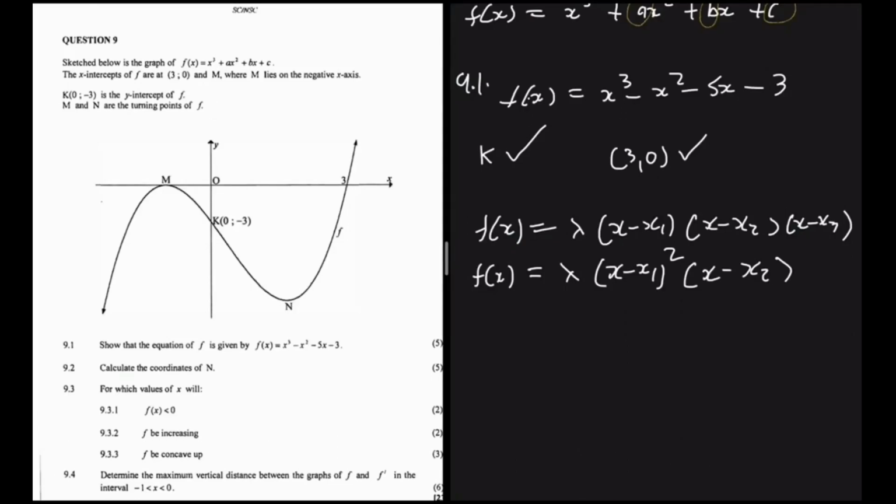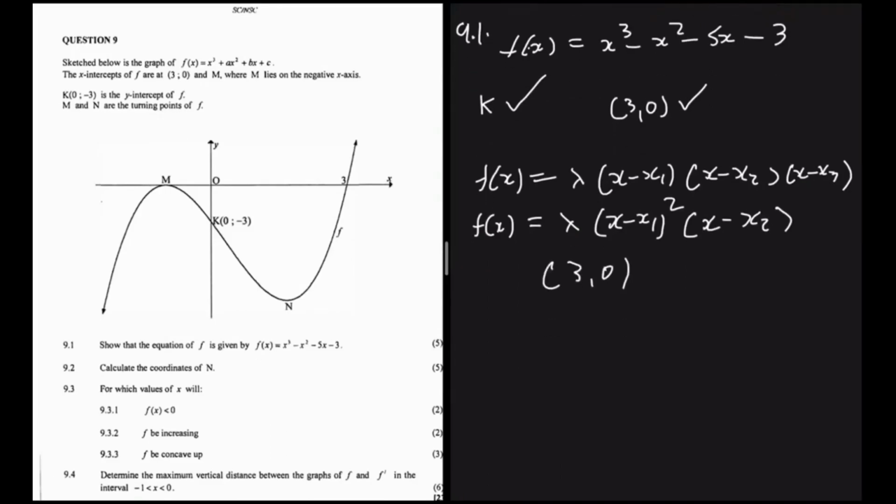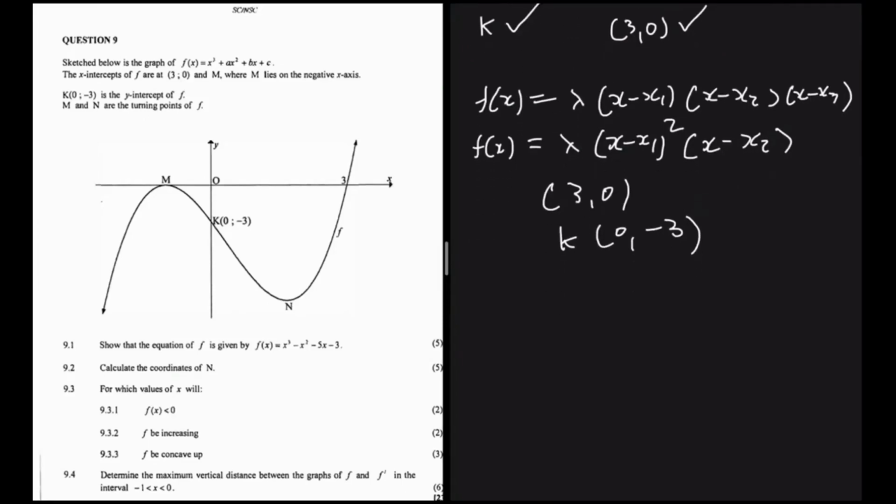We cannot substitute 3 and 0, because 3 and 0 is at the intercept, right? So we have to substitute any other point. Any other point in this instance is k, which is 0 and minus 3. So if we do that, we're going to get minus 3 equals our constant.